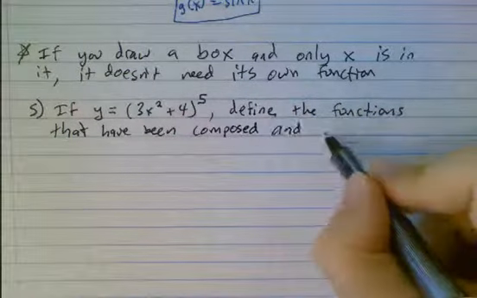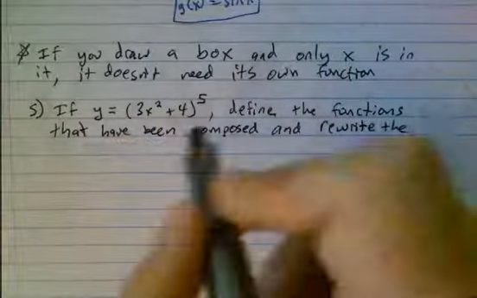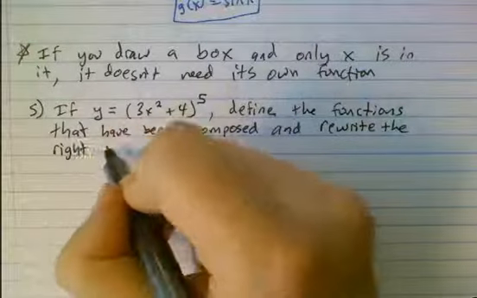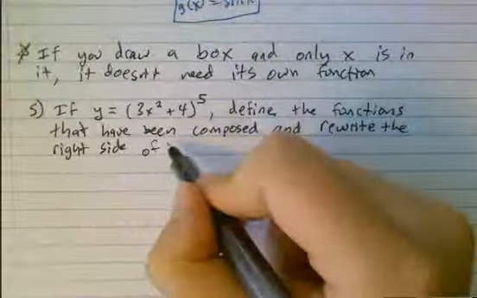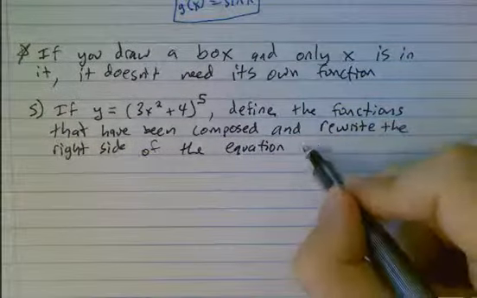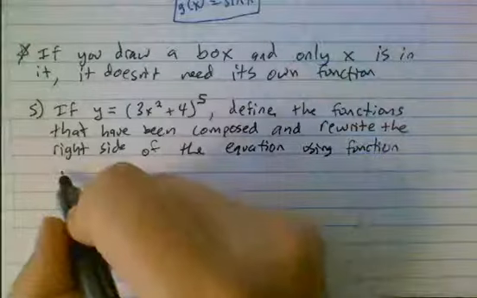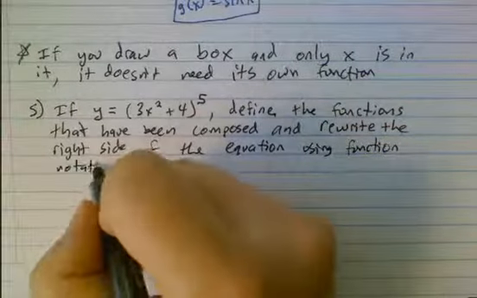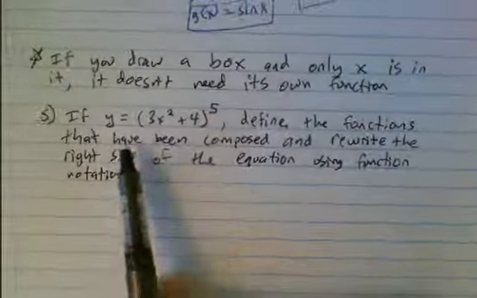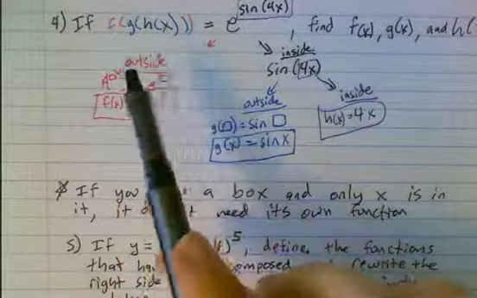And also to rewrite the right side of the equation using function notation. So basically you take something like this and you make it look something like that, the f of g of blah blah blah.